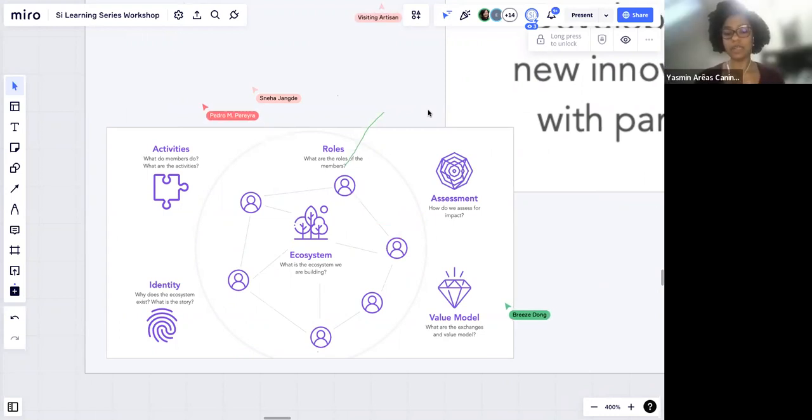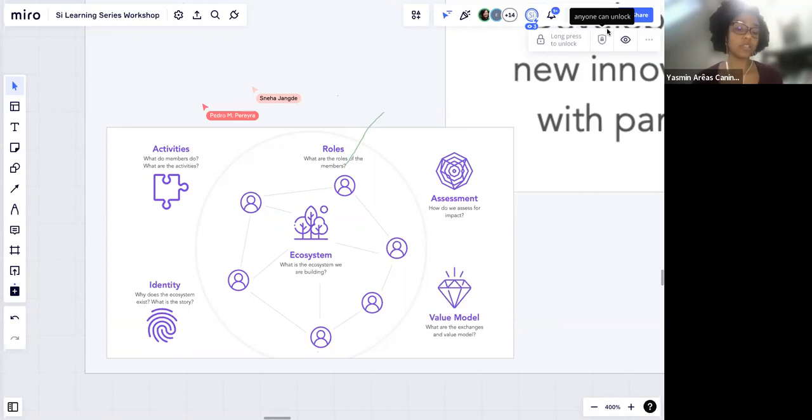And we need to bring the actors together, right? We need to make sure that they bring their own experience and their own expertise to be able to create a more collaborative, synergistic platform, right?